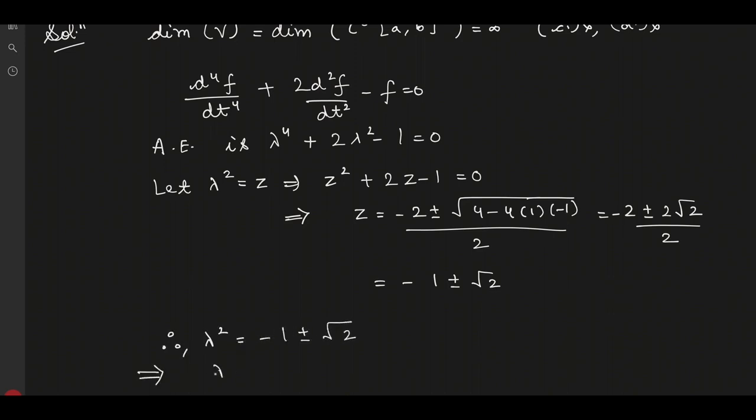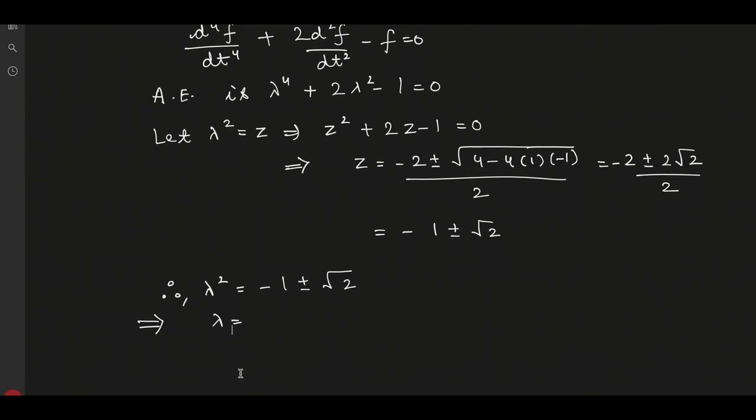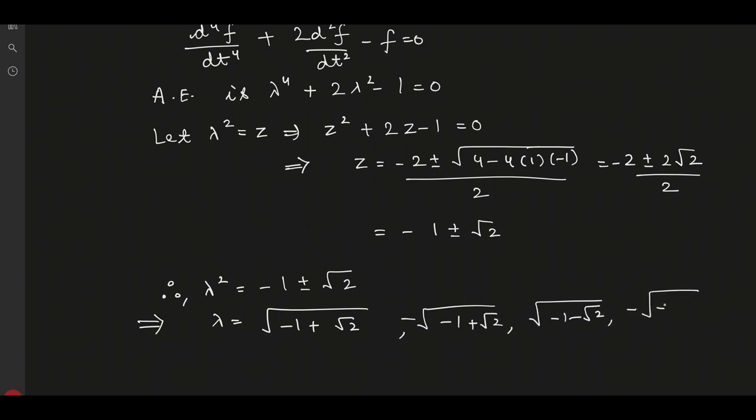This implies there will be 4 values of lambda: under root of minus 1 plus root 2, minus of that, and under root of minus 1 minus root 2, minus of that.